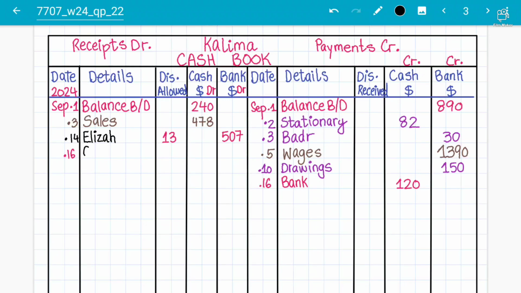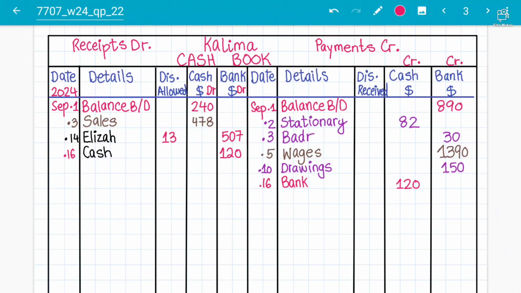So here you put the cash name and tell the examiner that $120 is coming into the business bank account. Money has been taken out from the cash in hand, money in the pocket, and put in the business bank account, $120, which is cash. That is how the September 16th transaction will be recorded.